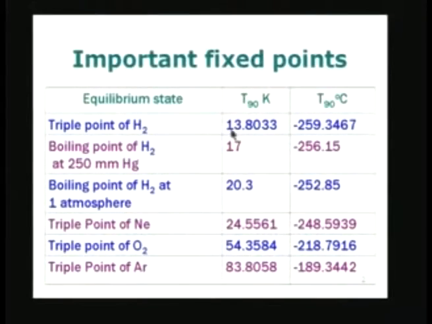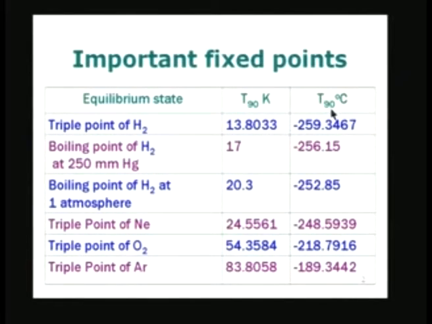For doing this, we require a certain number of subsidiary or secondary fixed points, and those fixed points are given in the tables which you see now. The fixed points correspond to equilibrium states, and the subscript 90 here, for example, T subscript 90 Kelvin, means that this temperature assigned in the table is according to the International Temperature Scale 1990.